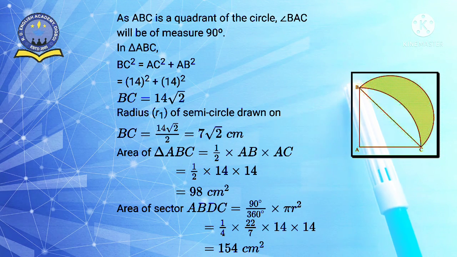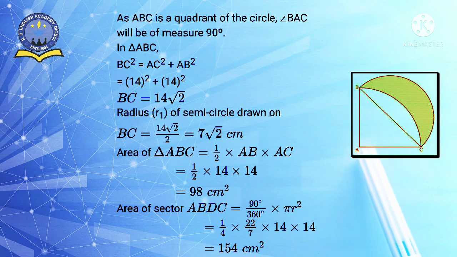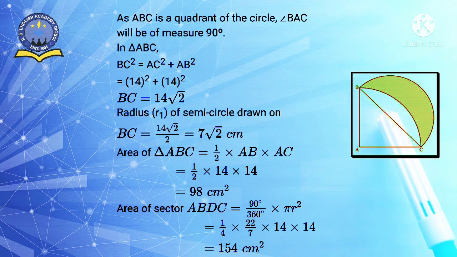So the diameter BC is 14 root 2 centimeter. If the diameter is 14 root 2 centimeter, easily we can find the radius. Let's call this radius R1, because we already considered one radius. If the diameter is 14 root 2, then the radius is 14 root 2 by 2, which is 7 root 2 centimeter. Is it clear?